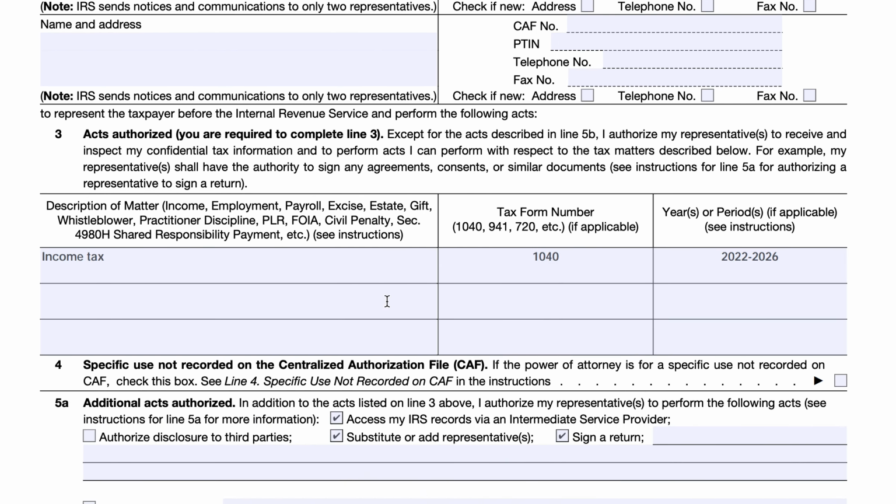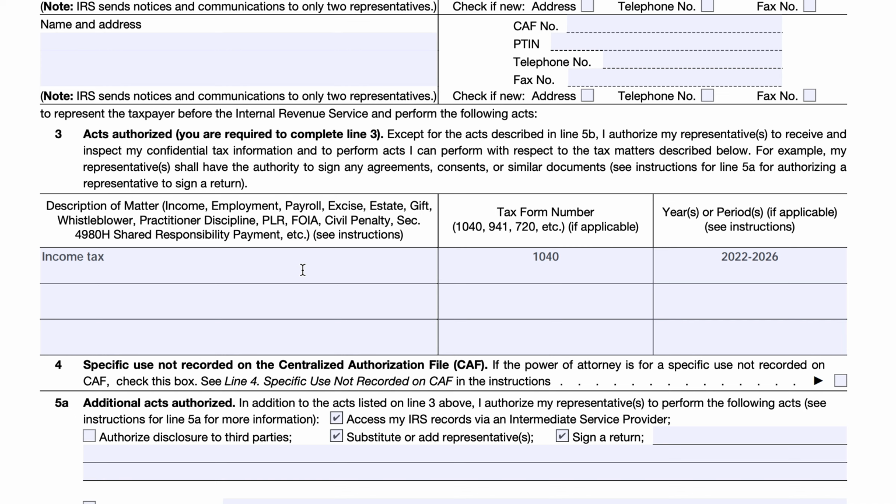So in line 3, again, your representative will probably outline everything that they would like you to authorize specific to your tax situation. The important part is that there have to be specific acts or sections of your tax liability that you can authorize.